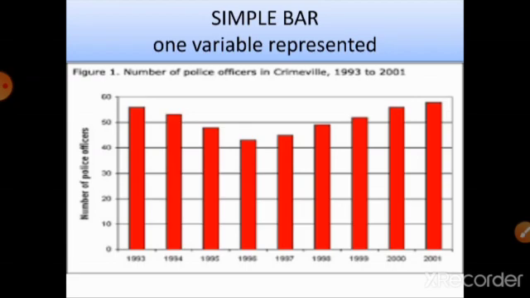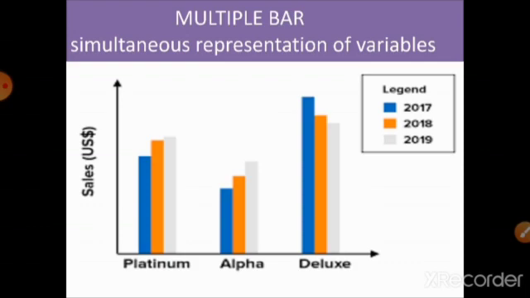This bar diagram gives the information of the number of police officers in the crime branch during the years 1993 to 2001. Clear? So this diagram shows the number of persons who worked in this year in the crime branch. Understand? The next one is the multiple bar diagram.